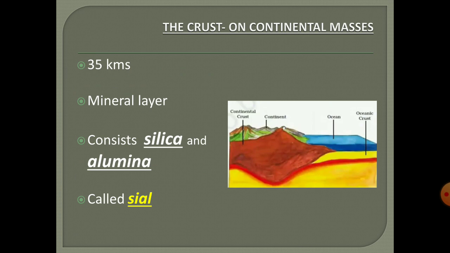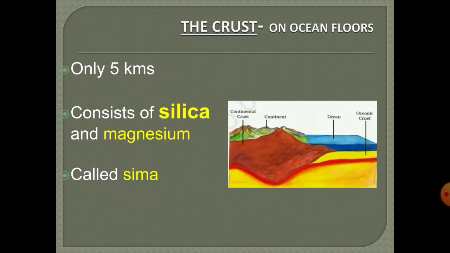We call it a mineral layer because its constituents are silica and alumina. We call it Sial: Si from silica and Al from alumina. So Si plus Al, Sial.